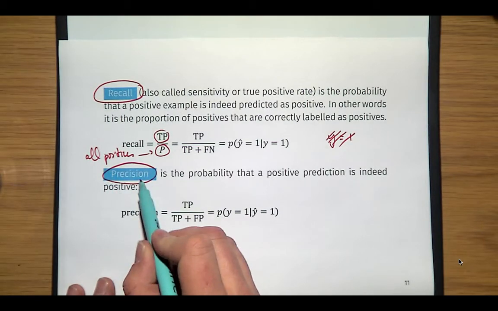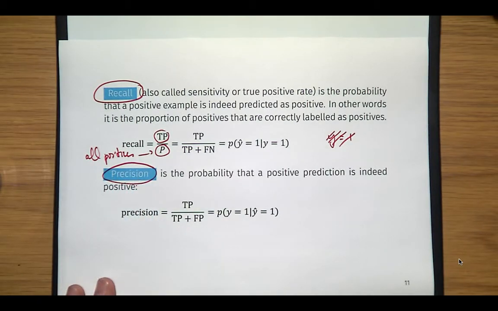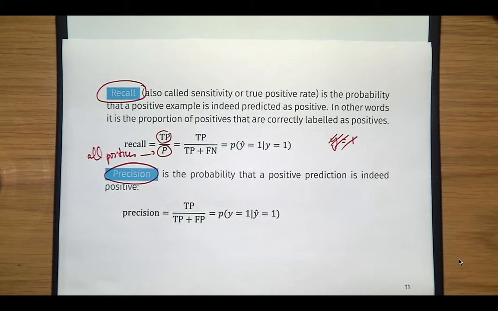Then we have precision. Precision is kind of like the probability that you made the correct guess. You predicted it's going to be 1, but what's the probability that indeed it's going to be 1? Your system says I predict it's class 1, but how much confidence do you have in that prediction?